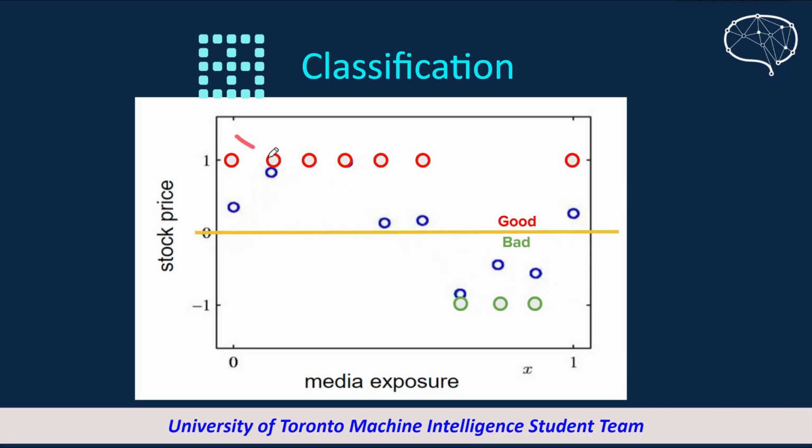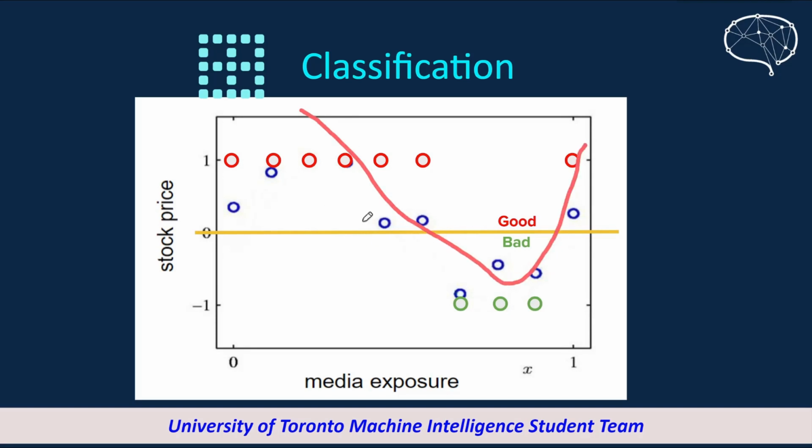Every point on this line above 0, we can say it is good. And every point on this line below 0, it could be bad. Or we can fit a function like this, or we could fit it like this.